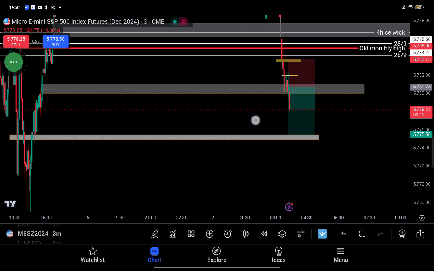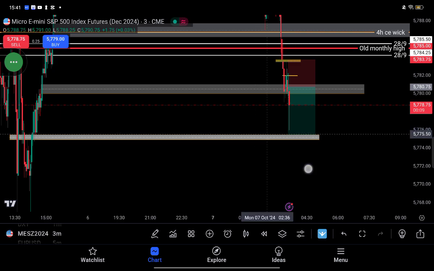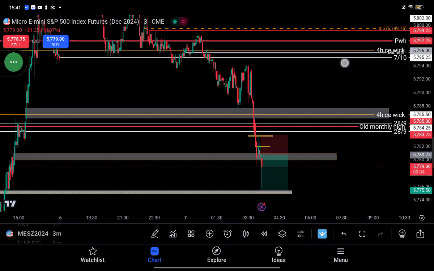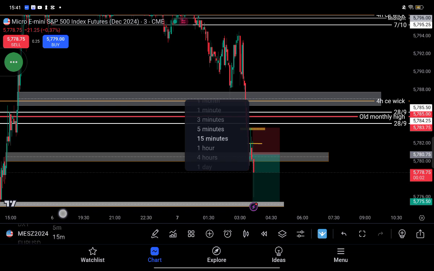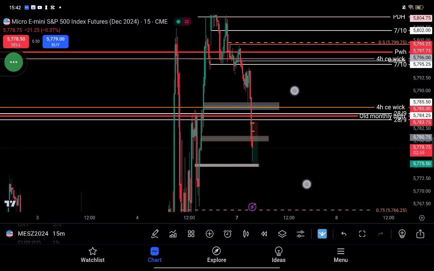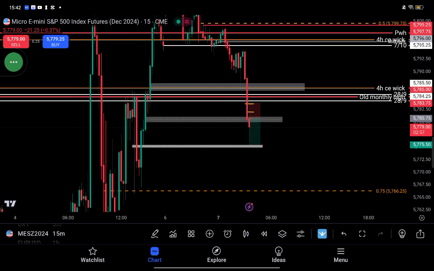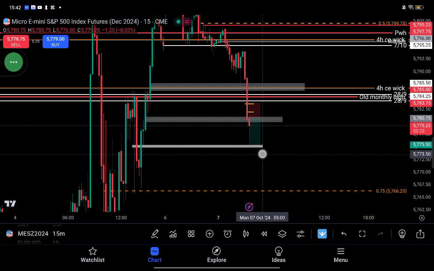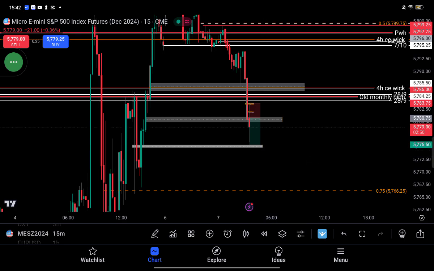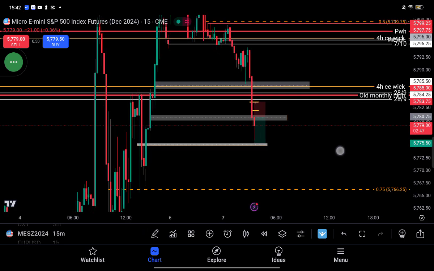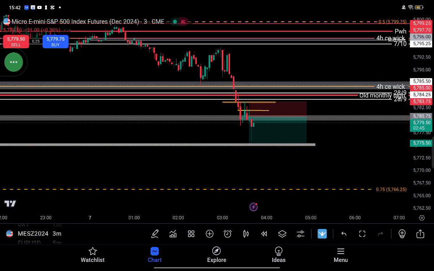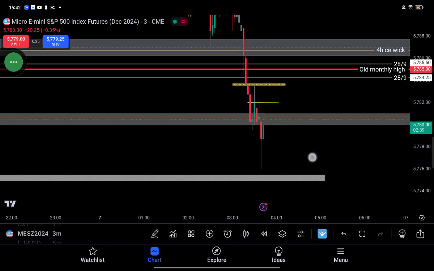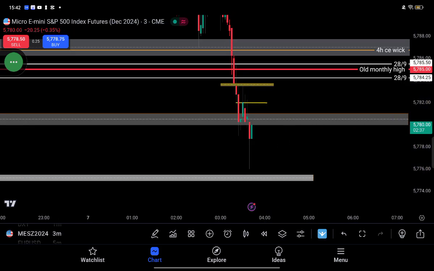It's just ridiculous that it fell short by it, but it didn't clear it out. So at the moment the draw is still this 15-minute BC. It went so close to it. Okay, look at this volume balance now.